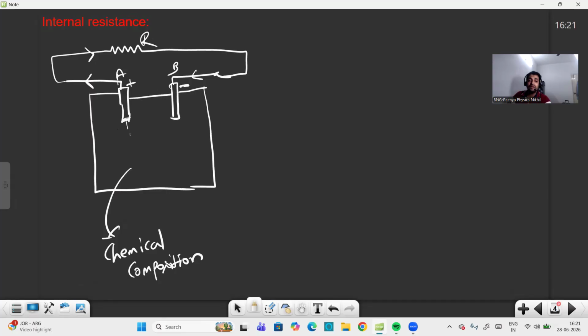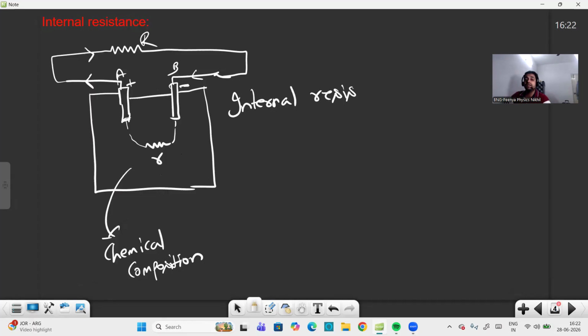Inside, due to the chemical composition, the current experiences resistance. That inside resistance is known as internal resistance, and it is denoted by small r.